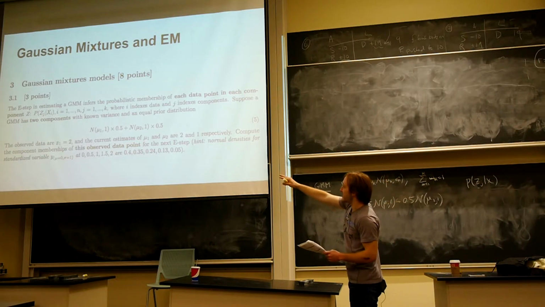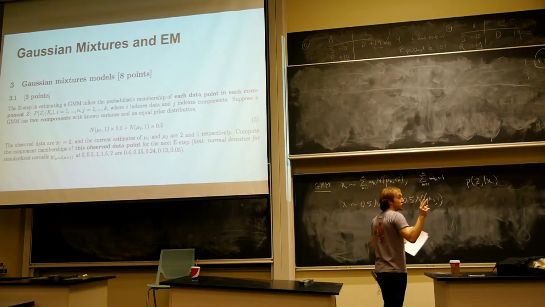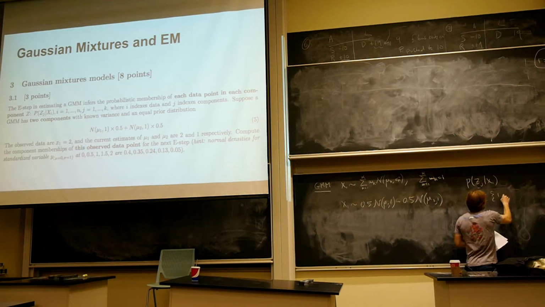And so this question is asking, how do you compute the probability of an assignment zj given your data point? Note that we've got two components here, so two possible classes. So zj is in either 1 or 2.